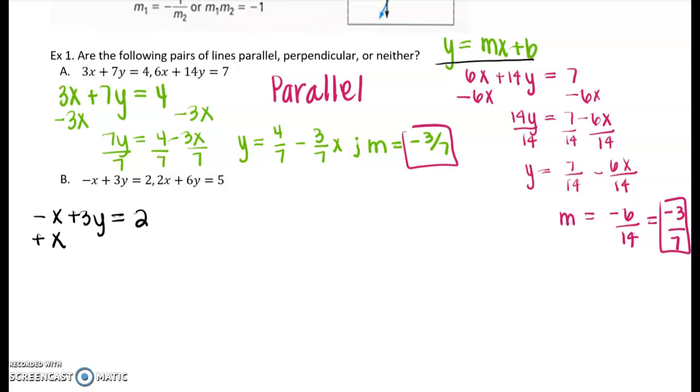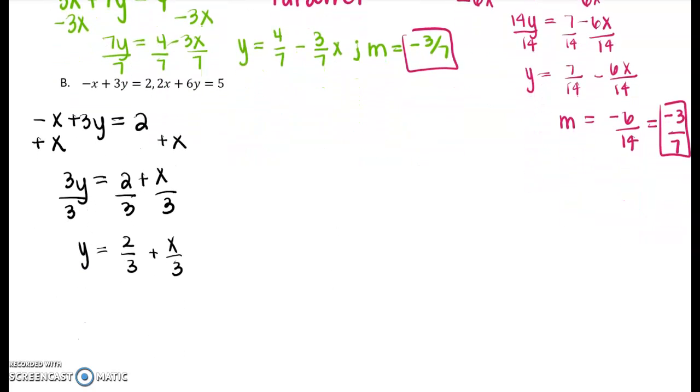I'm going to go ahead and add x to the other side. And then I'm going to go ahead and divide by 3. And my slope is going to be 1 over 3. So that's my first one.